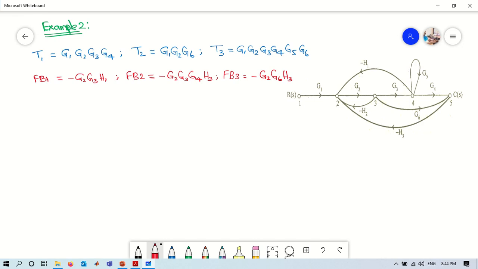Another path I have here is G2 and minus H2, so the fourth feedback path is minus G2 H2.